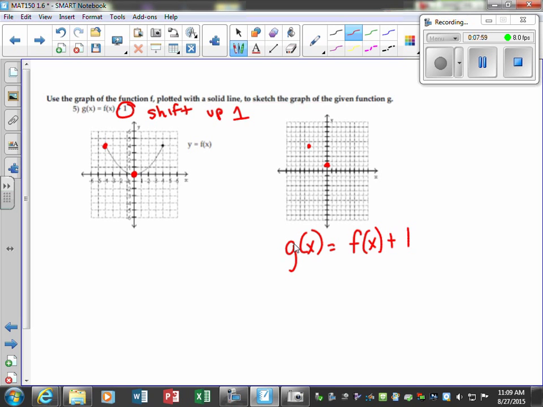And then this is the ordered pair 4, 4, and shift it up 1. It's hard to see those numbers. And then sketch that. Okay, so you can do that as well.